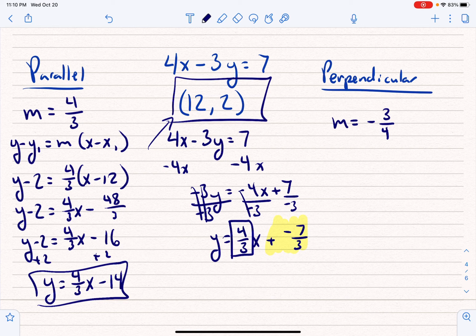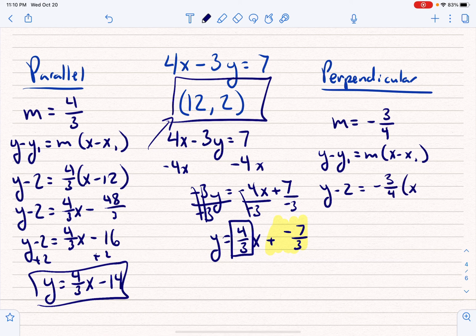Now let's do the perpendicular. So we go y minus y1 equals the slope times x minus x1. So we get y minus my y value of 2 equals my slope, negative 3/4 times x minus my x value of 12. So we get y minus 2, I'm going to leave that side alone for a second, equals negative 3/4 x. Negative times negative is positive. 3 times 12 is 36/4.